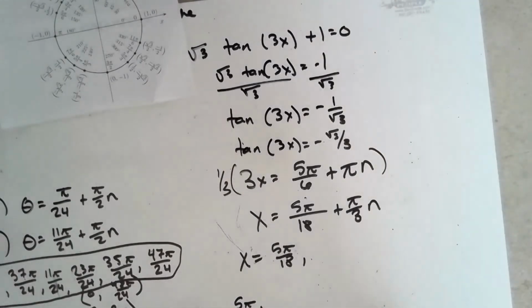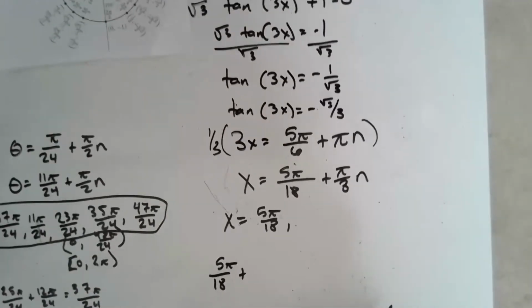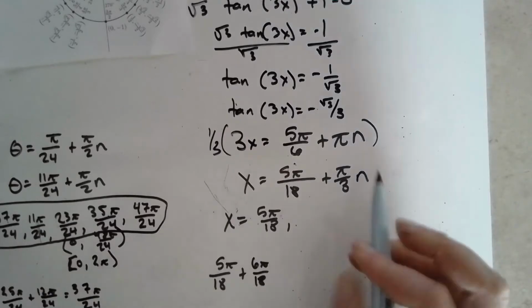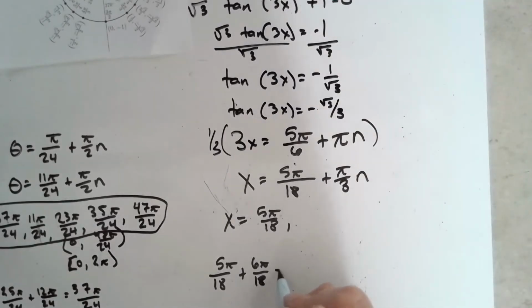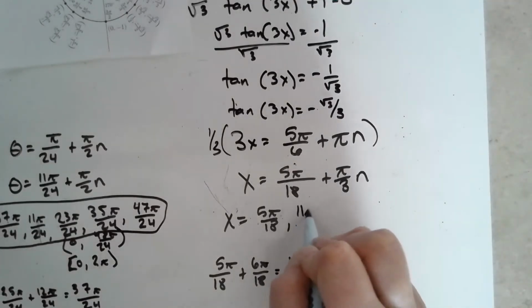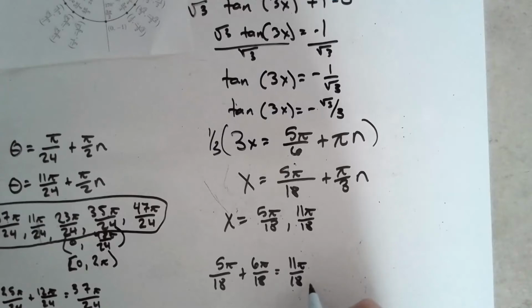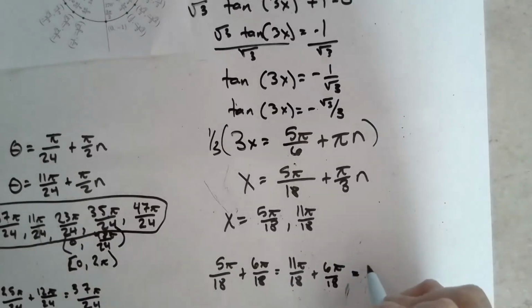Common denominator tells me that that is going to be 6 pi 18ths, because of that 18, 3 times 6 is 18. So that's 11 pi 18ths. So there's my next one, 11 pi 18ths. Add 6 pi 18ths, and that is going to give me 17 pi 18ths.